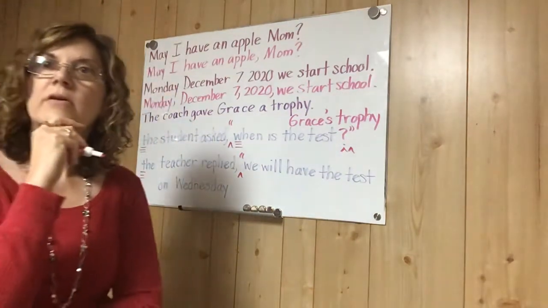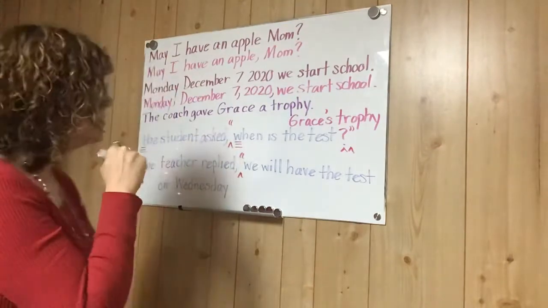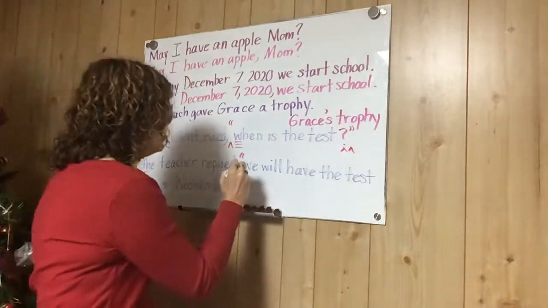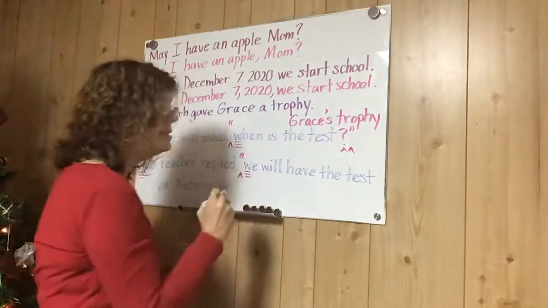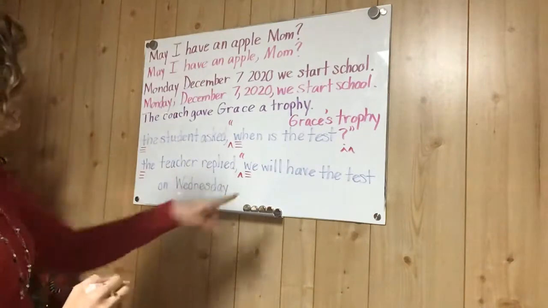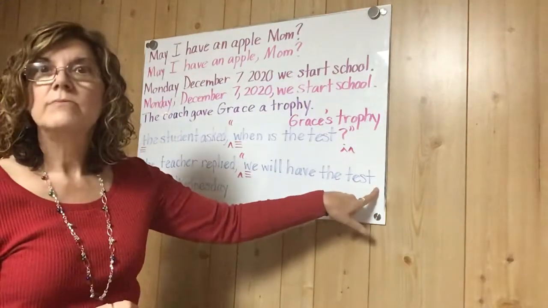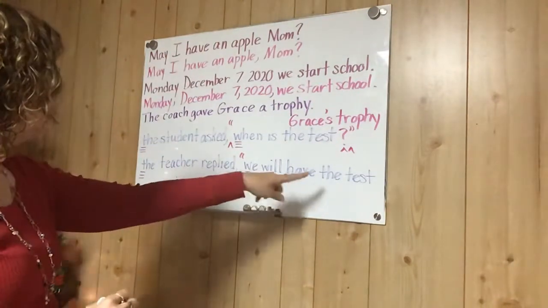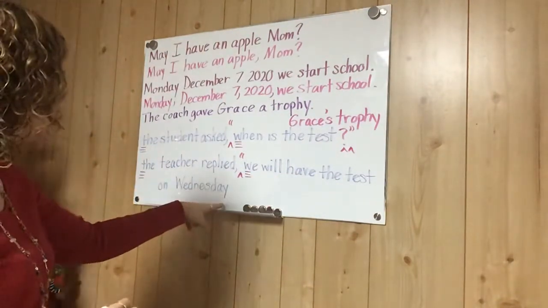And then what have we learned? The direct quote, actual direct quote, we will have the test on Wednesday, needs to have a capital at the beginning of it, just like a sentence within a sentence. So capitalize we. The end of the quotation, is it here? No. You need to go to the next row. We will have the test on Wednesday.